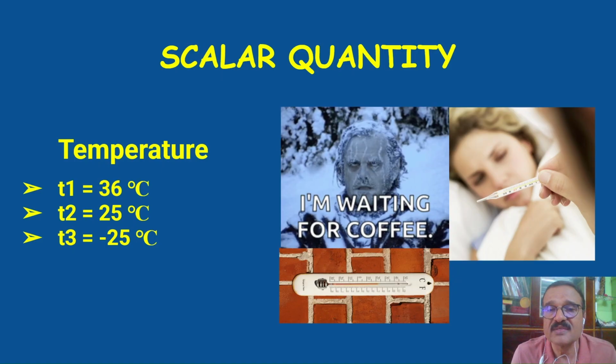The temperature can be measured with the help of thermometers. Today's high temperature at my place, T1 equal to 36 degrees Celsius and expected low temperature is 25 degrees Celsius, where 25 is a magnitude and degree Celsius is the unit.